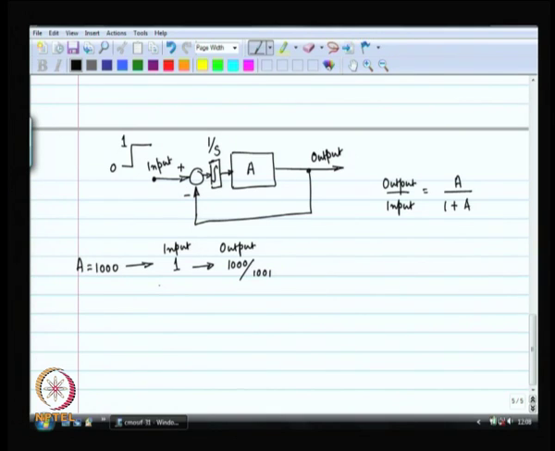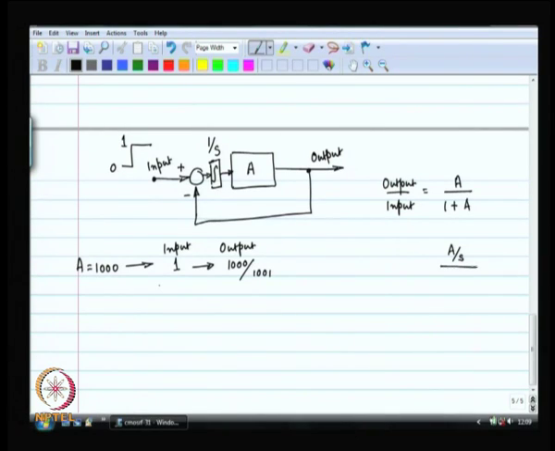The integrator has a transfer function of 1 by s. Okay. Transfer function of 1 by s means that the open loop gain is A by s.